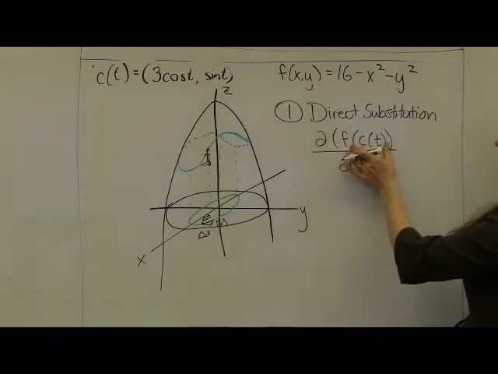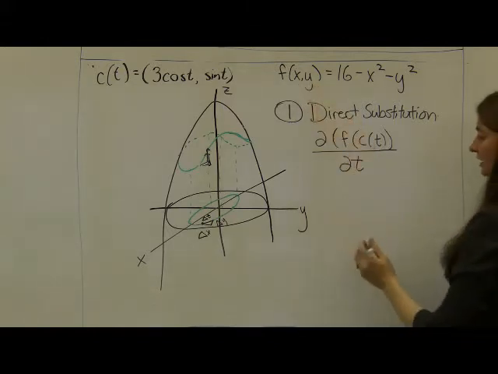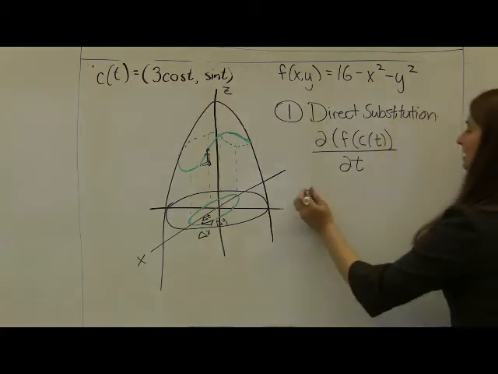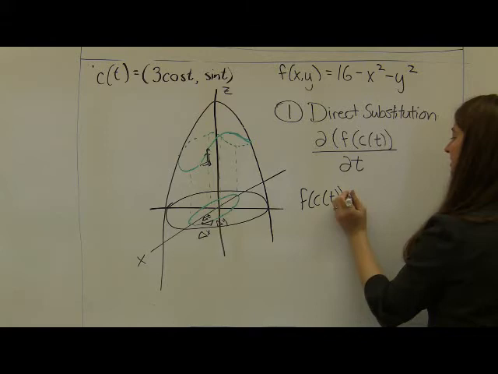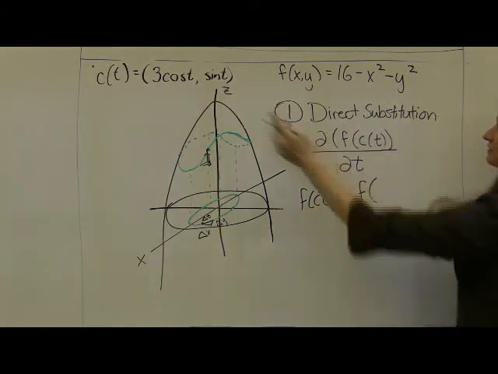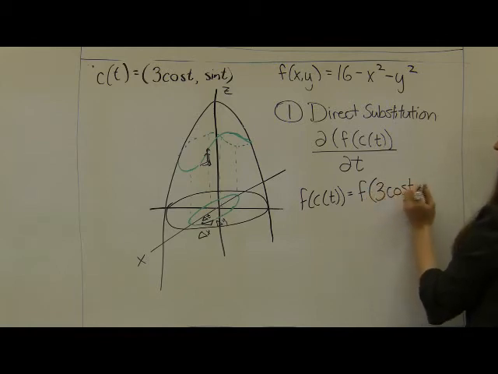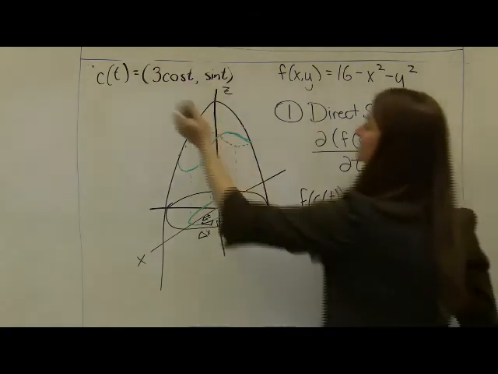F of c of t, that's a composition of these two functions, and I can go ahead and solve for that. So I'm going to give myself a little more space. F of c of t, I'm just taking my c of t function and plugging it into f. My c of t function is given by 3 cosine t, sine t. And recall the way that this is written, and maybe I should write this up to remind us as well.